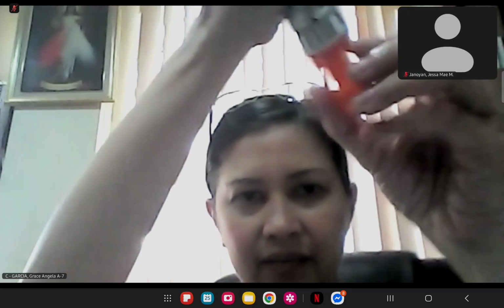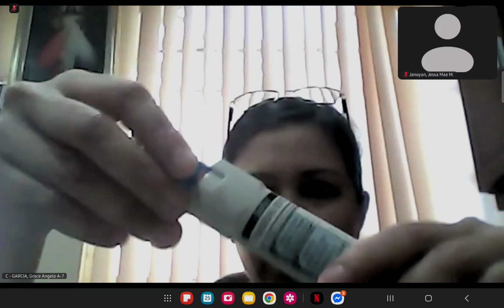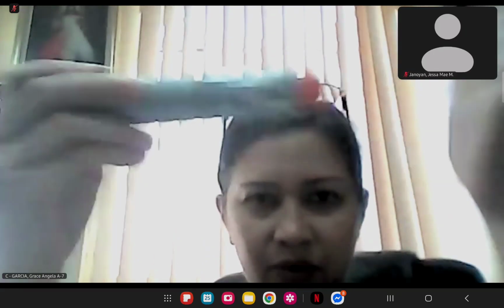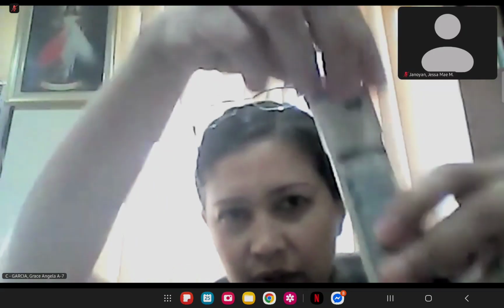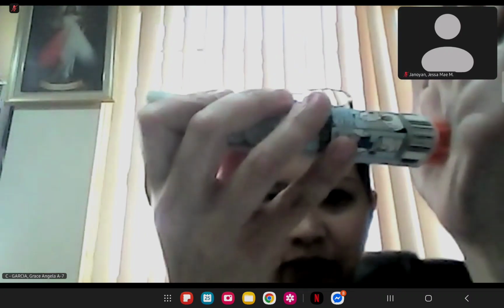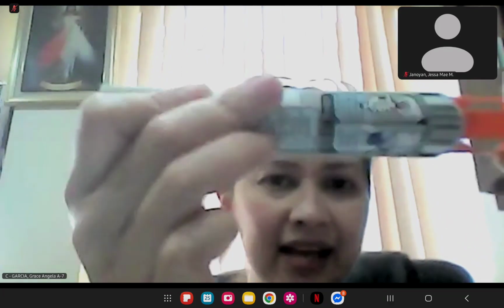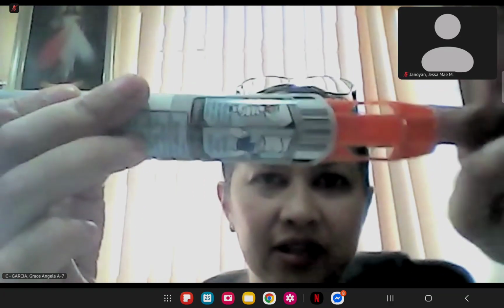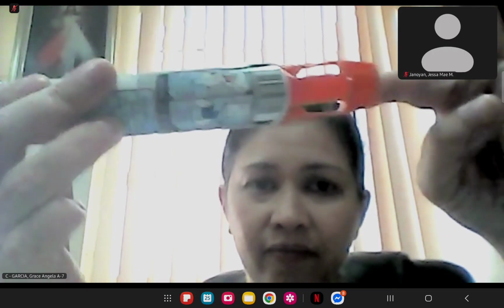If you have the lock at the top, this one would not be released. Okay? But when you release this lock, it will click, and then it would extend, because the needle is covered. So it's very safe.